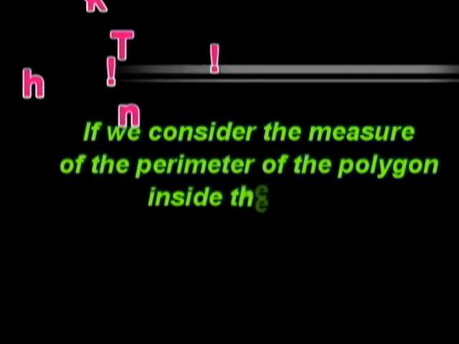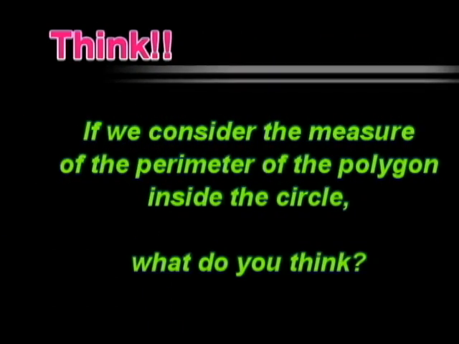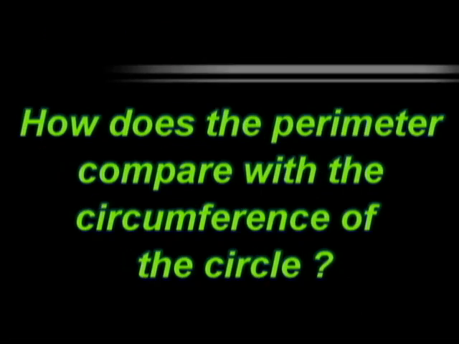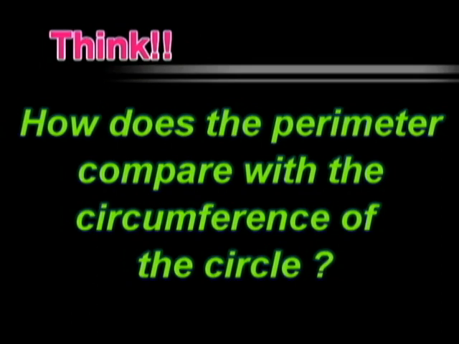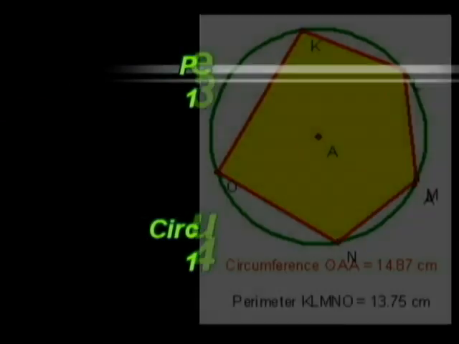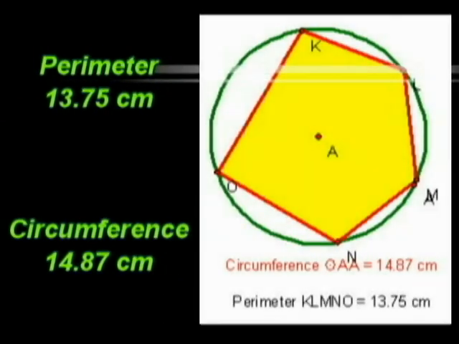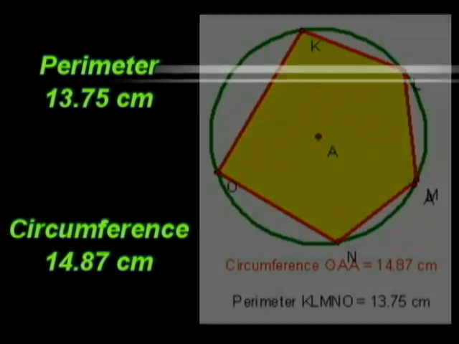If we consider the measure of the perimeter of the polygon inside the circle, what do you think? How does the perimeter of the polygon compare with the circumference of the circle? Let us observe the perimeter and circumference of the inscribed polygons.